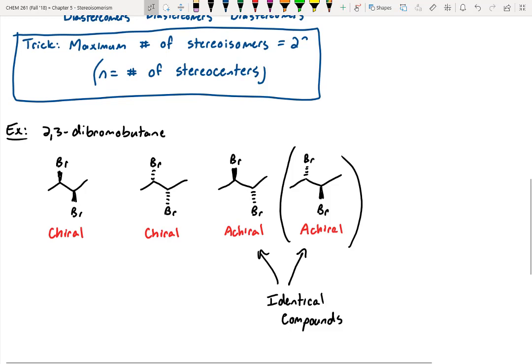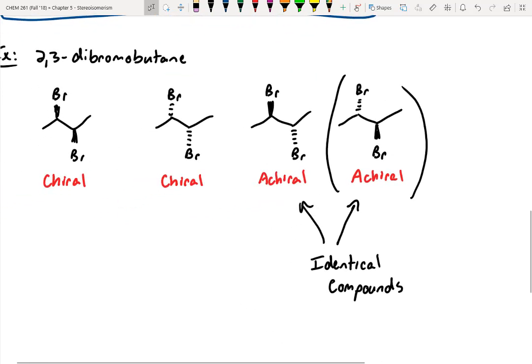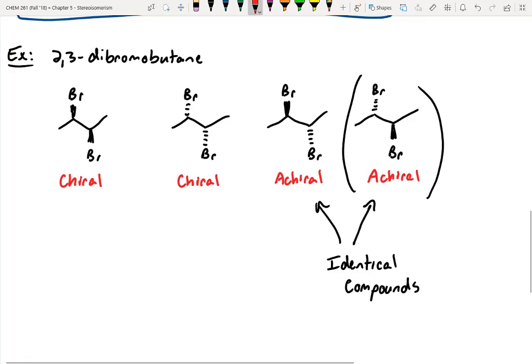All right, so if we look at these ones, we now need to designate R and S on each of these. So let's take a look at this one. What's that stereocenter? Is it going to be R or S? Let's say R. What about this one?